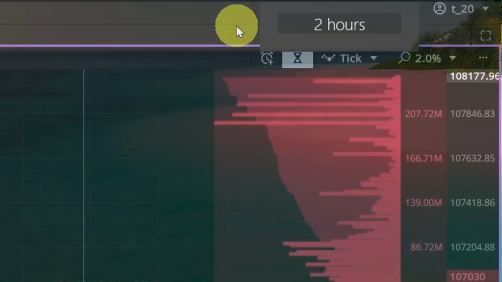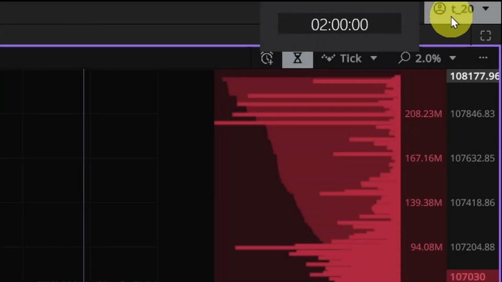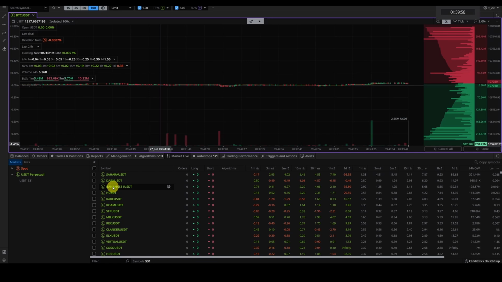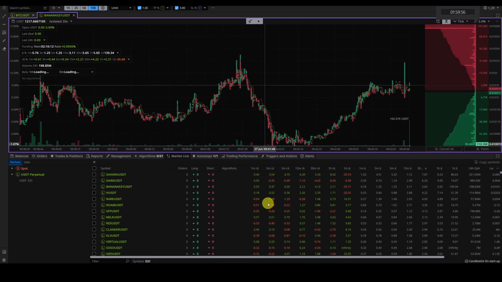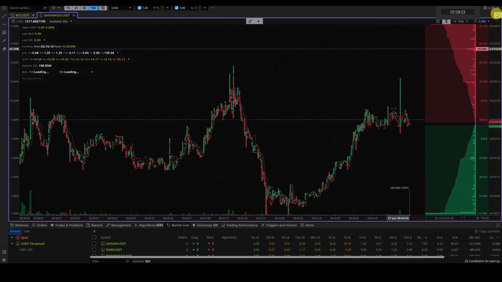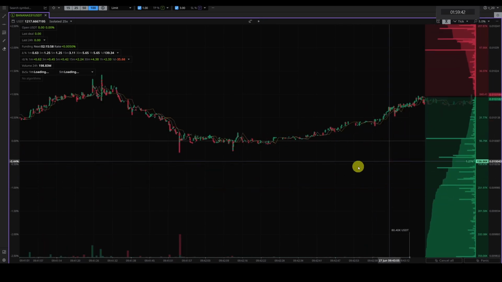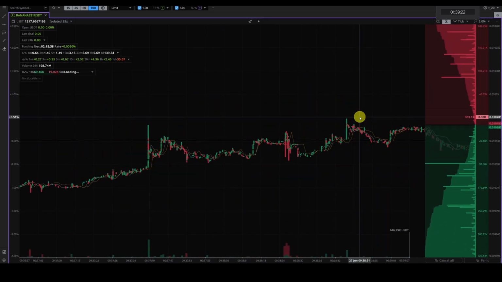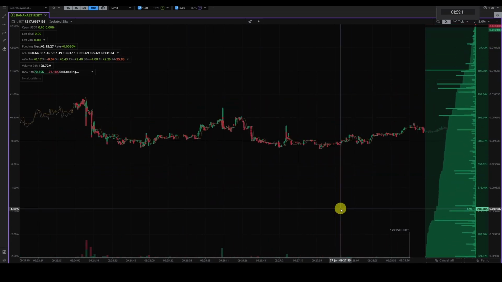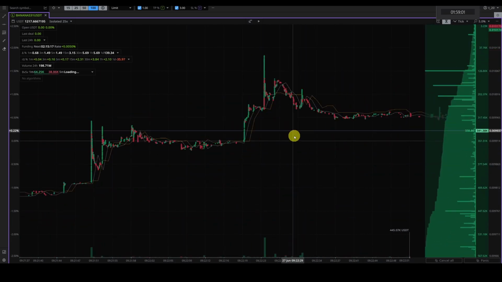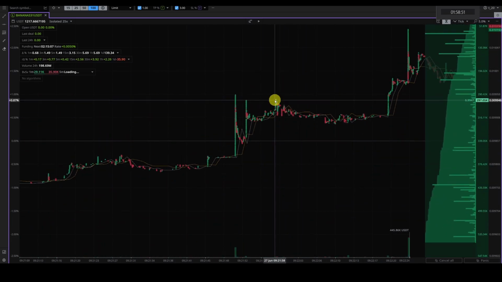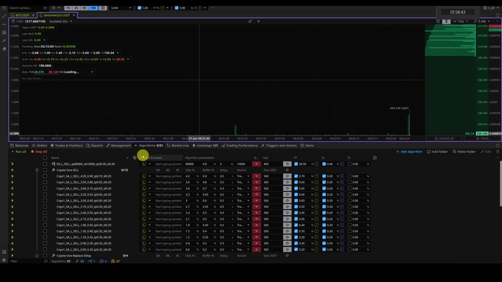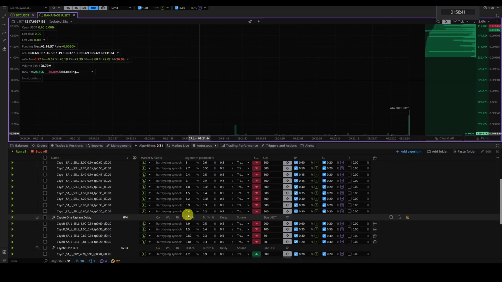So the timer is set for 2 hours, and I'm picking the third most active coin, Bananas 31. Right away I can see a whole bunch of recent shots with very good rollbacks, mostly on the sell side. So I go about measuring the distances. I have a battery of algo templates prepared for different distances.